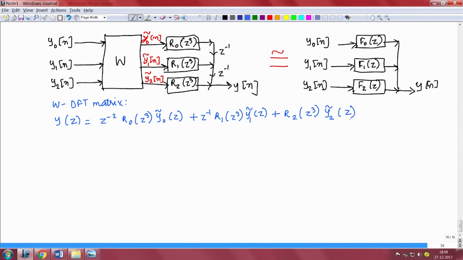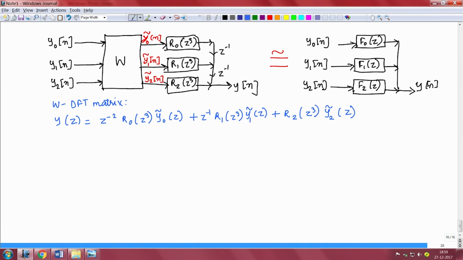So this is basically obtained by considering these signals here and then multiplying them by the respective filters' impulse responses and then considering these delays.